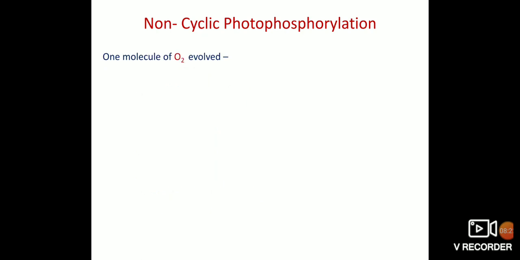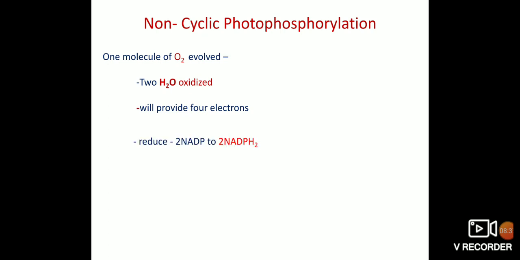So during non-cyclic photophosphorylation, for the release of 1 molecule of oxygen, 2 water molecules are oxidized, which will provide 4 electrons, and these 4 electrons are used to reduce 2 NADP to 2 NADPH2, and during this transfer of electrons, 2 ATPs are synthesized.